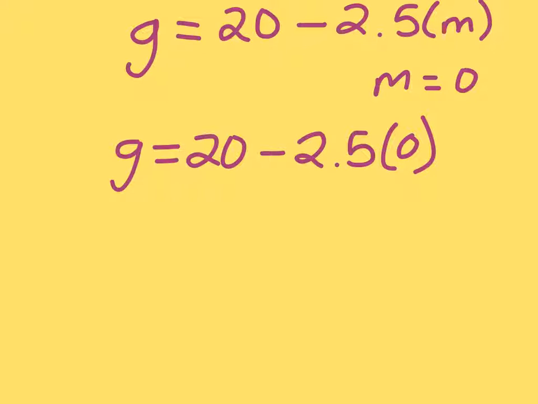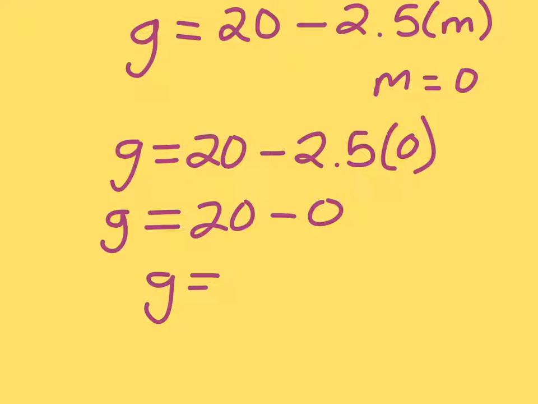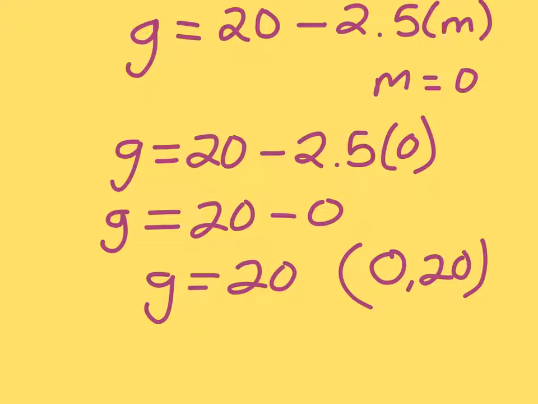So a negative 2.5 times 0 is 0. So the gallons remaining after 0 minutes is 20. Okay? So at 0 minutes, you have 20 gallons remaining. That's our first ordered pair.